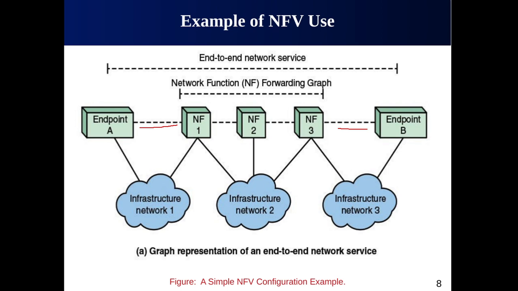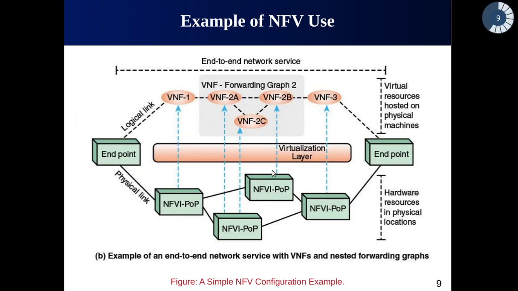To further elaborate the concept, let us see a more detailed view. Now here we have a virtualized network service configuration that could be implemented on the physical configuration of the previous figure. You can see we have different virtual network functions now: VNF1, VNF2, and VNF3.